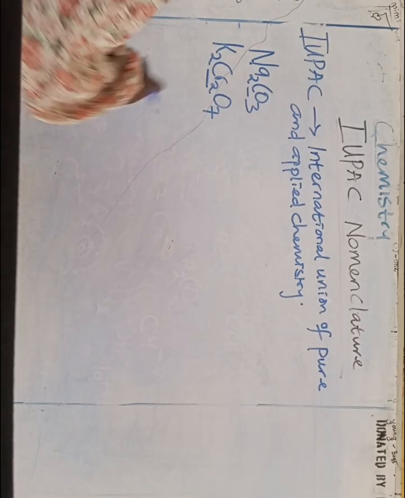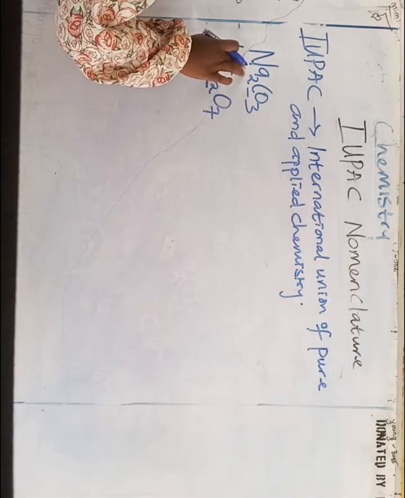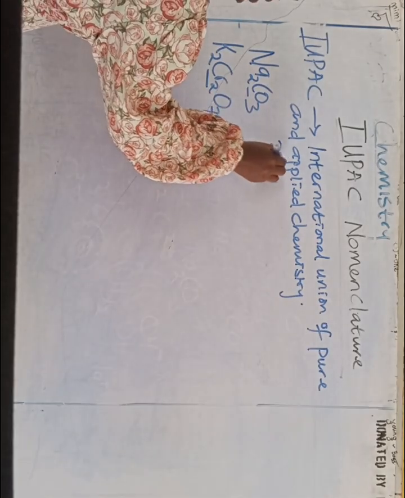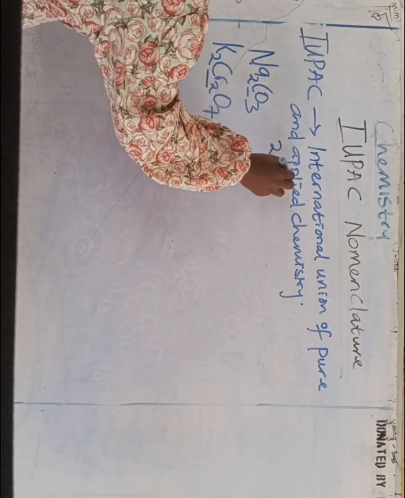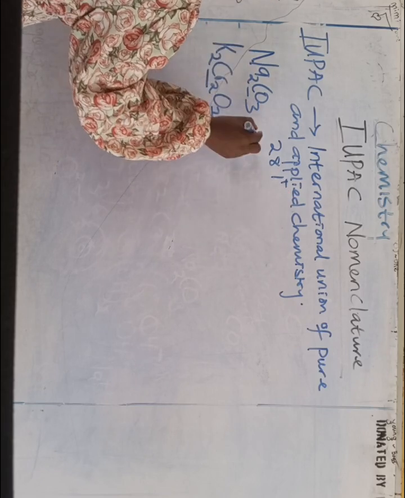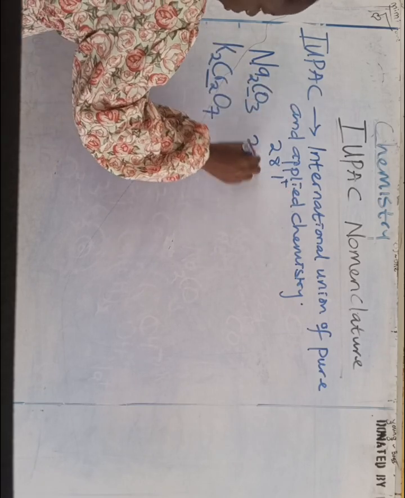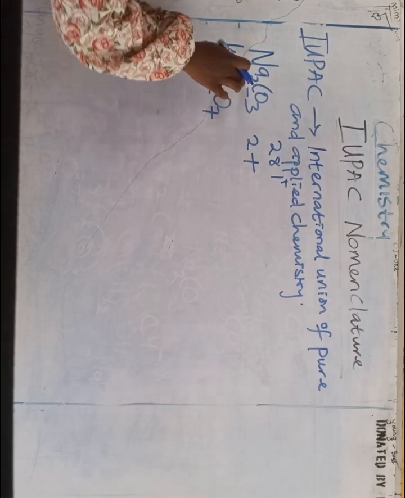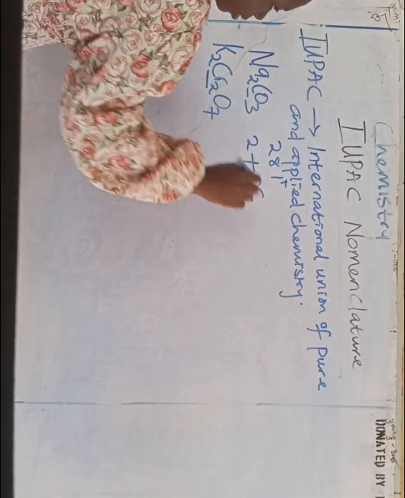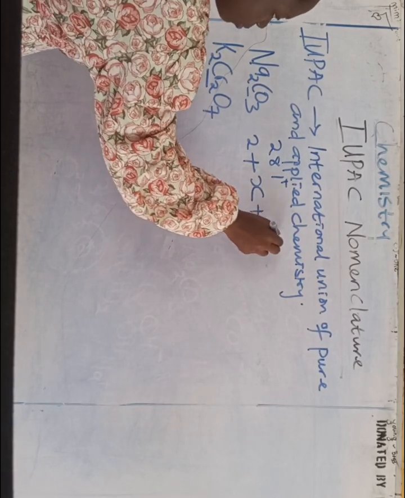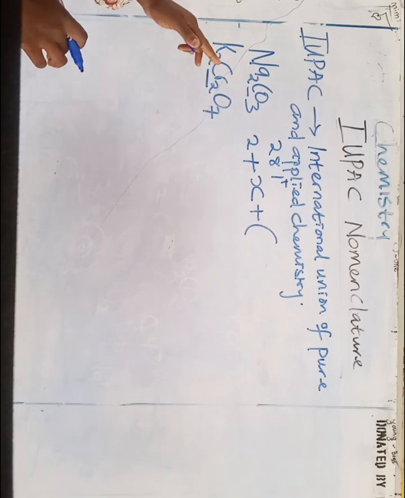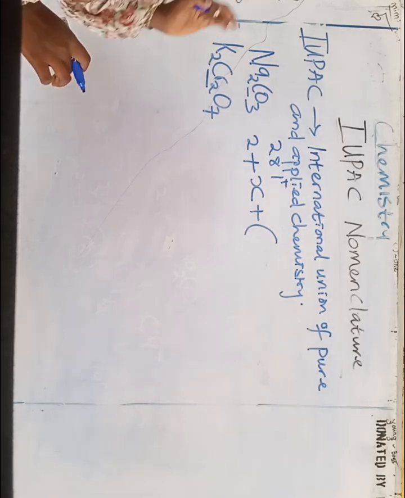Okay, so the oxidation number of sodium is what? It is 1, from 2, 8, 1. So my sodium is plus 1. So 1 times 2 will give me 2, plus carbon, which is what I'm looking for, so I will write X, then plus the oxidation number of oxygen, which is minus 2.